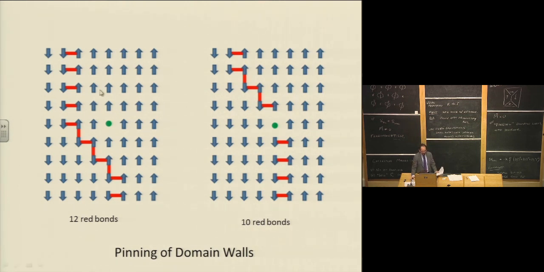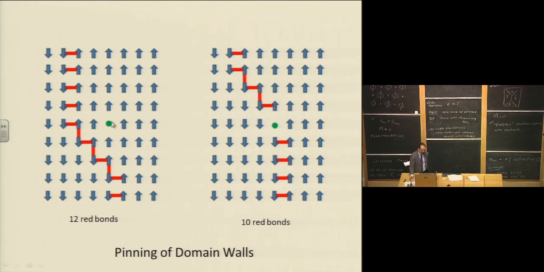Anyway, so this is an Ising magnet. All the spins are pointing either up or down, and the interaction between spins is unhappy along the domain wall. I've drawn all the unhappy spins in red here, where the up spins meet the down spins. If you count them from top to bottom, there are 12 of these red bonds where there's an unhappy connection.